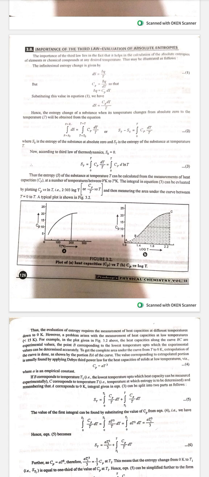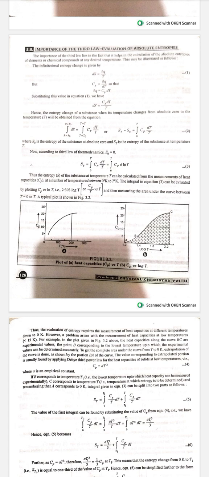The infinitesimal entropy change is dS equal to delta q upon T. Cp is equal to delta q upon dT, so that delta q is equal to Cp dT.